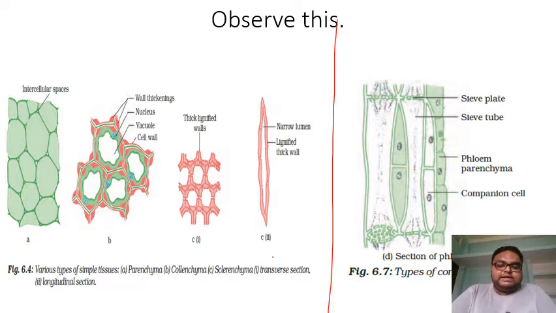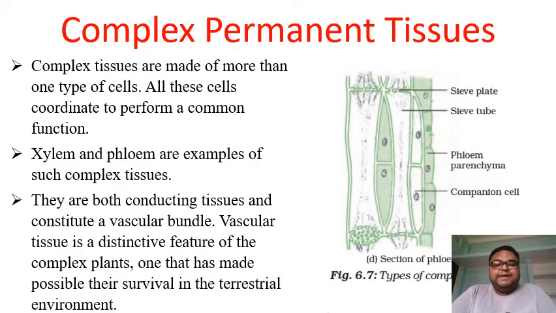Okay, now let's learn about the complex permanent tissues. We have learnt about the simple permanent tissues such as parenchyma, collenchyma, sclerenchyma. So now we will learn about the complex permanent tissues. Right. So the first thing is that the complex permanent tissues are made up of more than one type of cell, right?